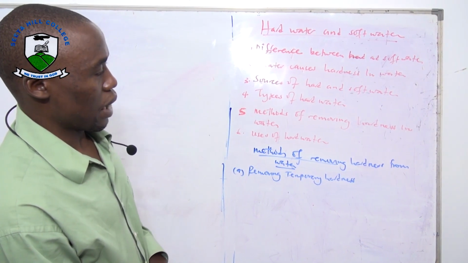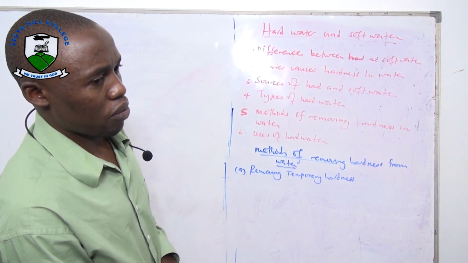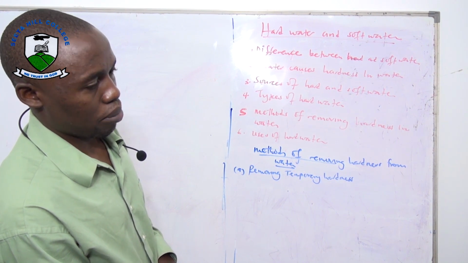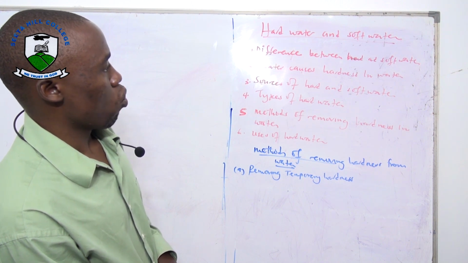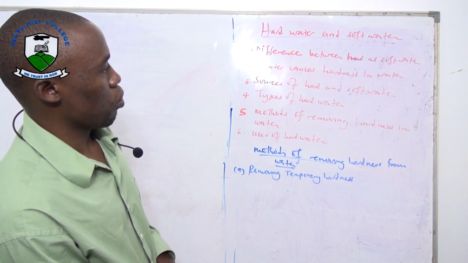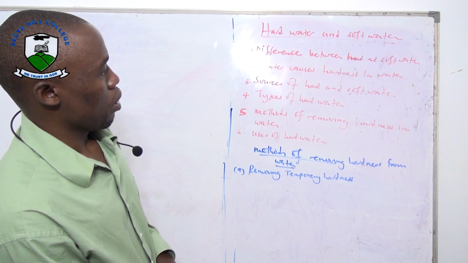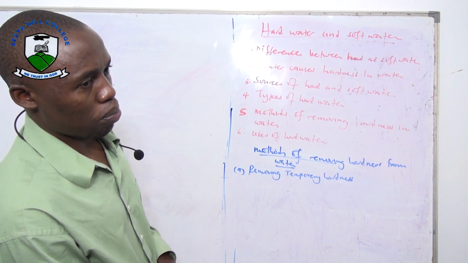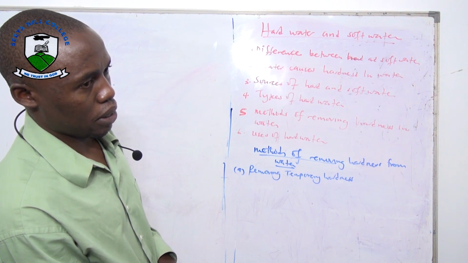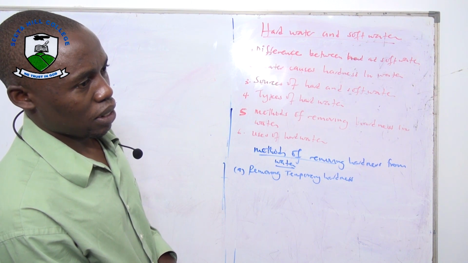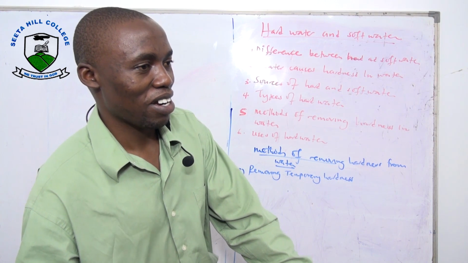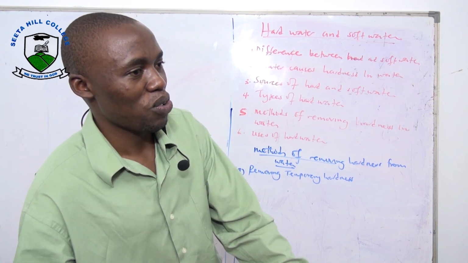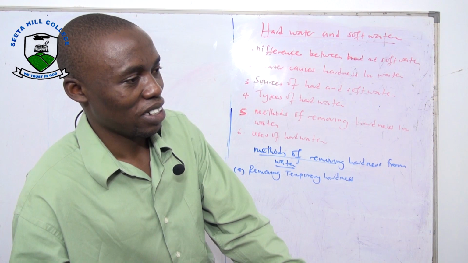Before I capture that, you saw I wrote the word called scum. Listen, when you add soap to hard water, have you ever washed with borehole water? Have you ever got water from a well and washed with it?